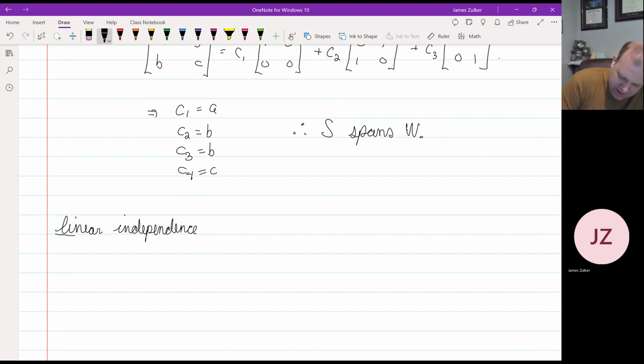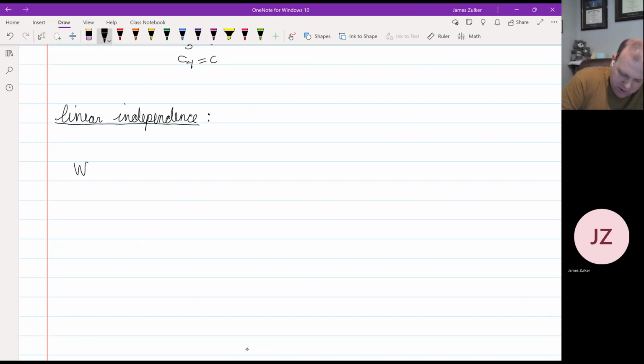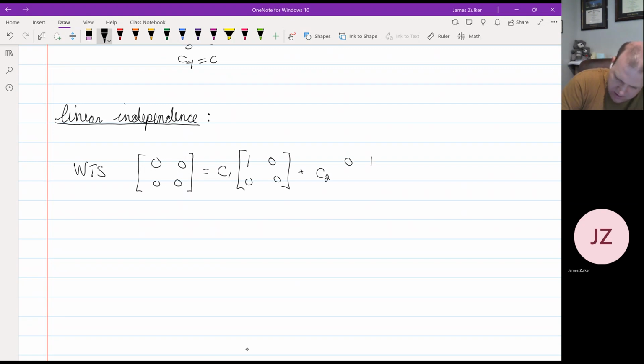Want to check that it's linearly independent, right? So to do that, remember, we want to show that the zero matrix or the homogeneous system has only the trivial solution.